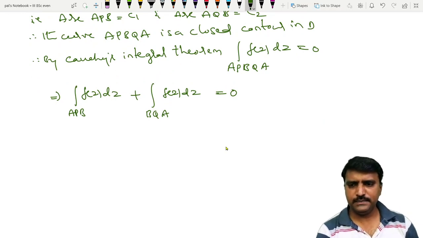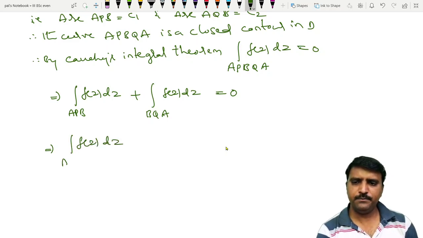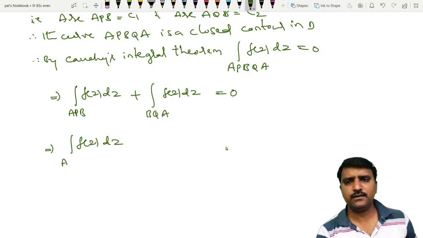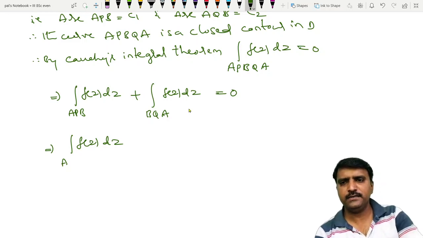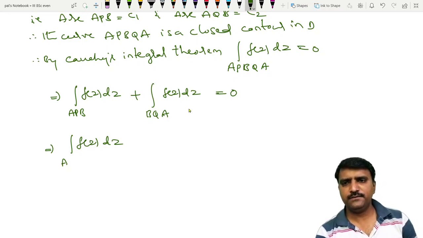Which implies that the integration of f of z dz over APB, that is the arc C1, so you can take C1 in place of this.